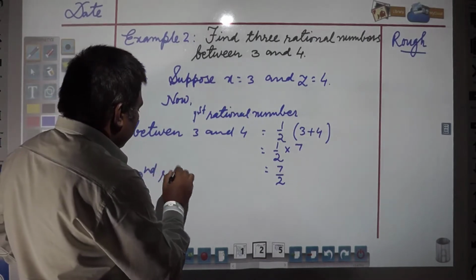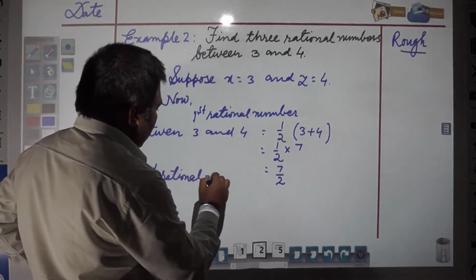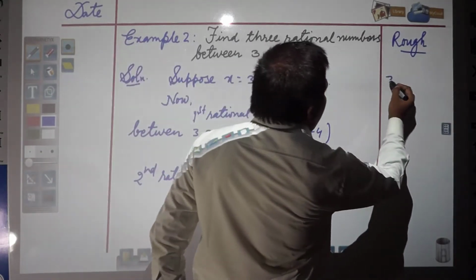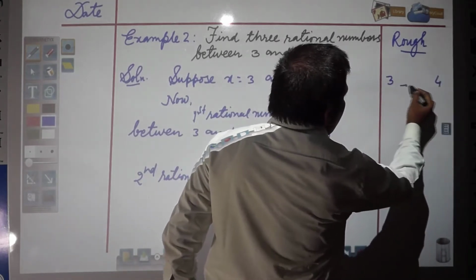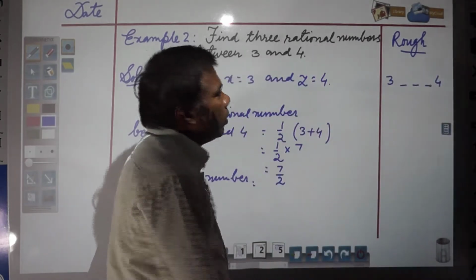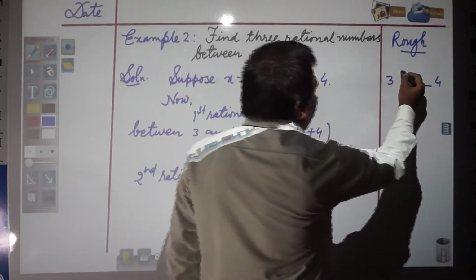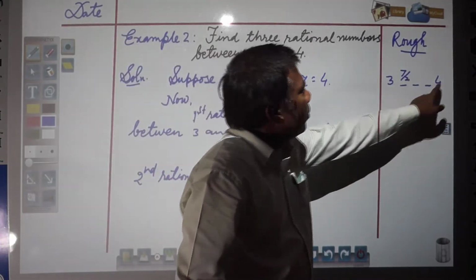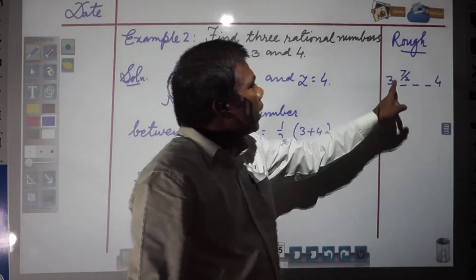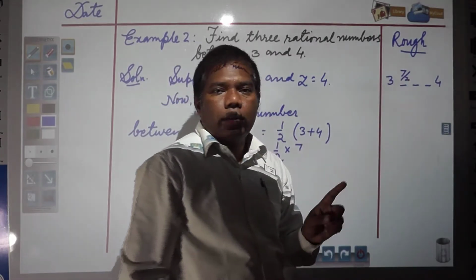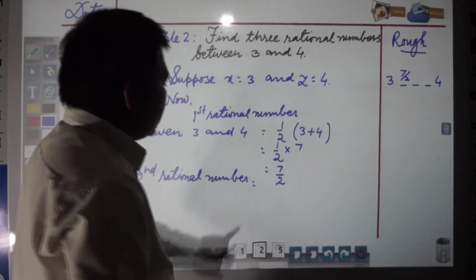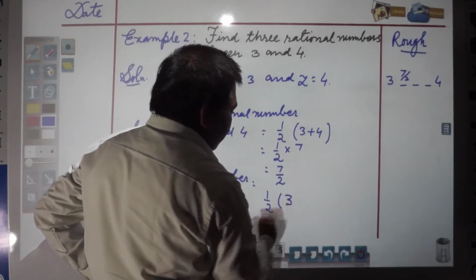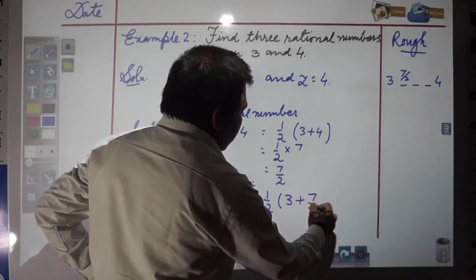The second rational number: see, you have 3 and 4 and you need to find 3 rational numbers. First, you have already got 7 by 2. For the next number, you can find one in between 4 and 7 by 2, or in between 3 and 7 by 2. So for the second rational number we will find 1 by 2 times x, suppose 3, plus 7 by 2.